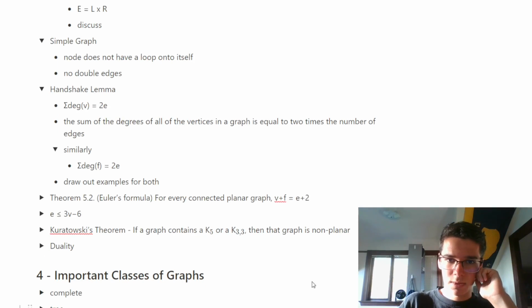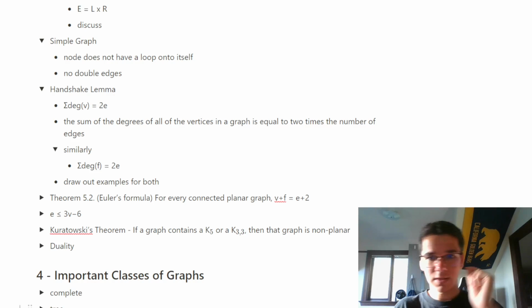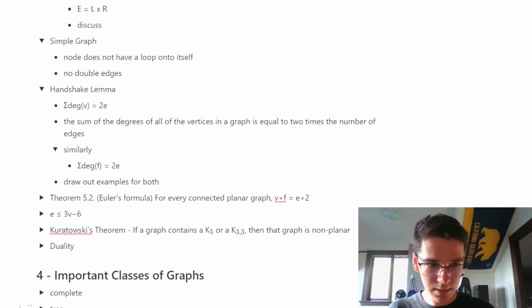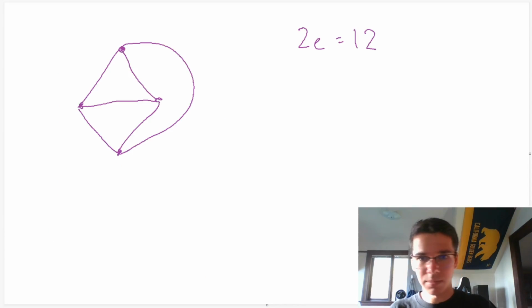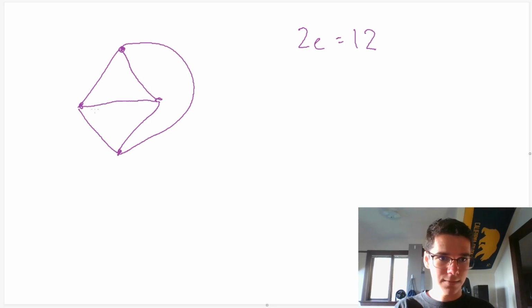Okay. So that sort of gets into something interesting called duality, which I believe we'll talk about in a bit. So we're going to count the number of faces, and to define faces, it is a section of our graph that is completely surrounded by edges. So for example, that would be a face, this would be a face. I think you get the idea.